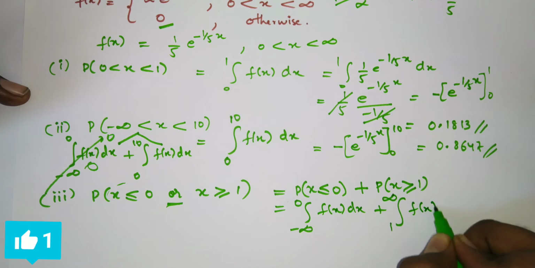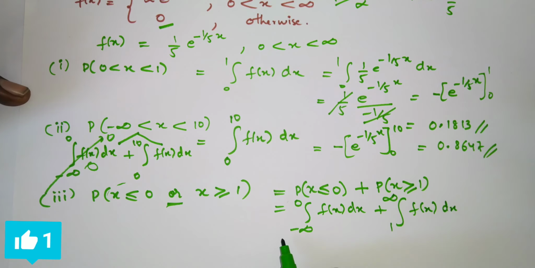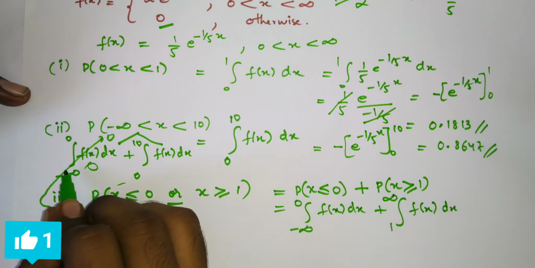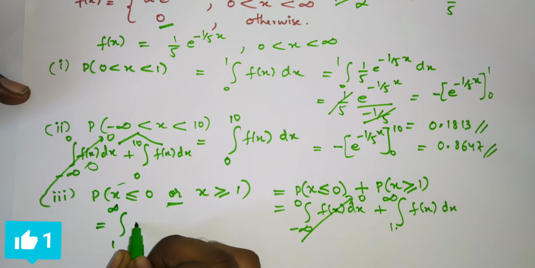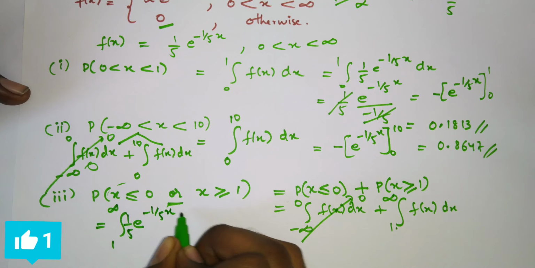The integral from −∞ to 0 we have already discussed: the function becomes 0, so this part becomes 0. I just have to integrate from 1 to infinity, that is, (1/5) e^(−x/5) dx.